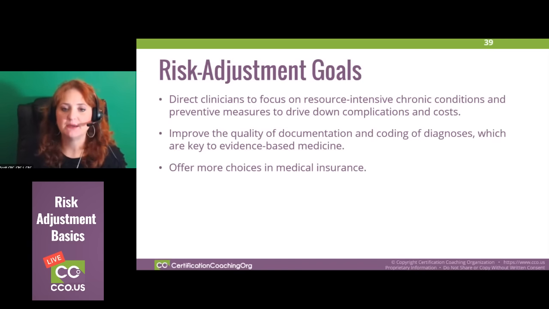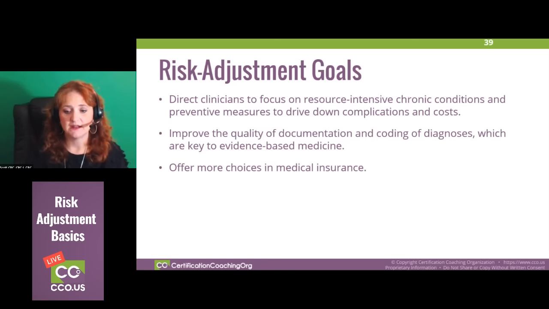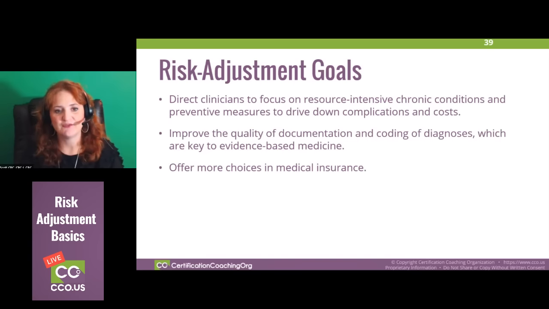But education is a big part of what you're going to do as a risk adjustment coder. You want to improve the quality of the documentation, and you want to assist those providers who are not trained to document for risk adjustment, as well as just diagnoses in general. You're going to help them. You're going to be their helpmate in going forward.